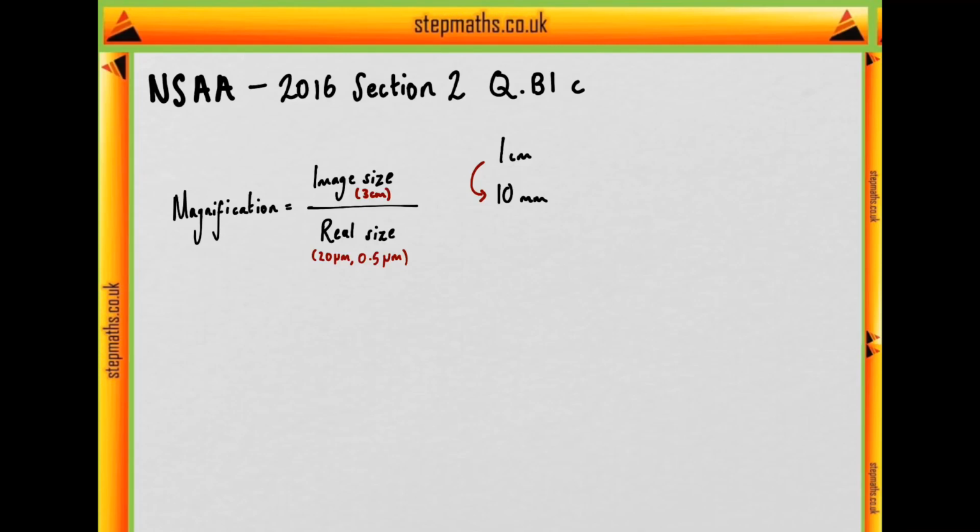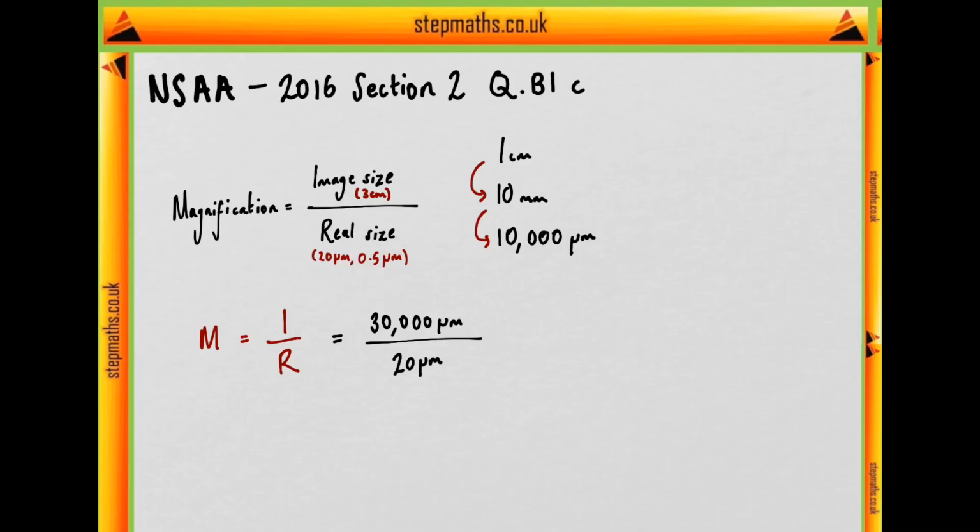In 1 centimeter, there is 10 millimeters, and there are 1,000 micrometers in a millimeter, ergo there are 10,000 micrometers in 10 millimeters. So, let's use our magnification equation, M equals I over R for simplicity. Our image is 3 centimeters, therefore in micrometers we would have 30,000. That has to be divided by both 20 and 0.5.